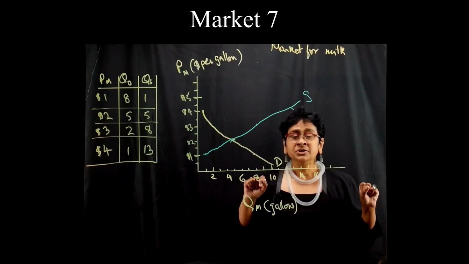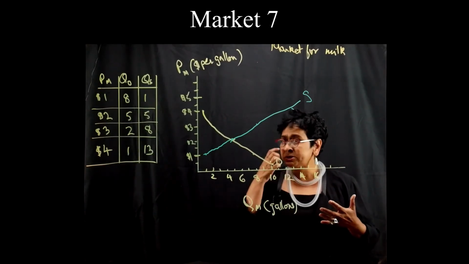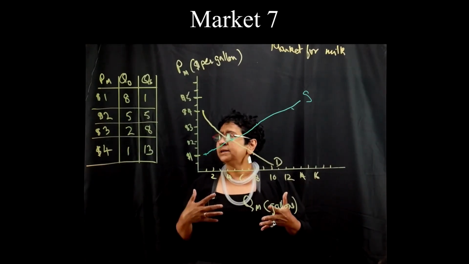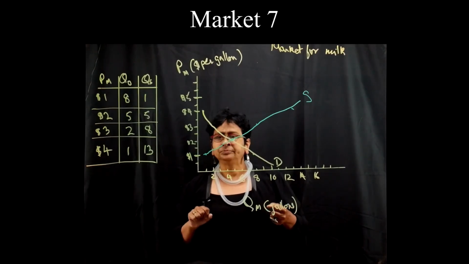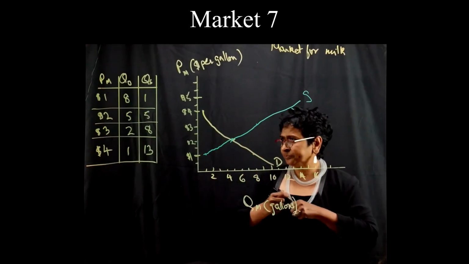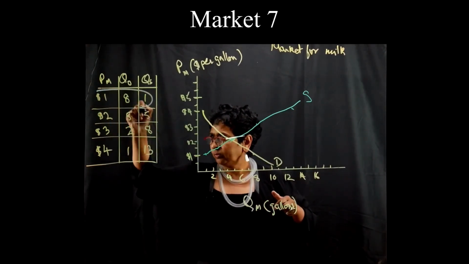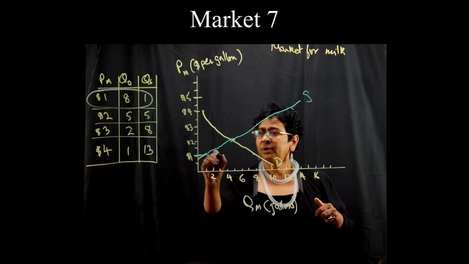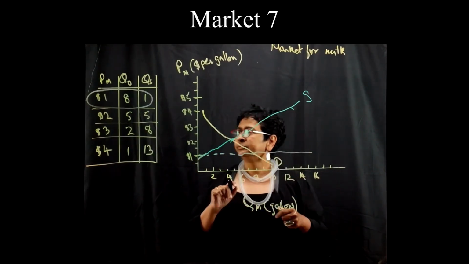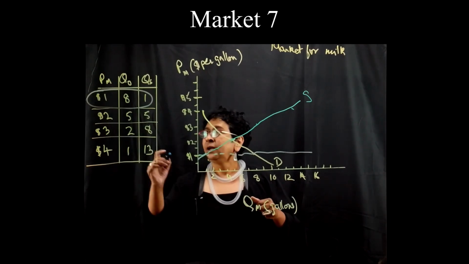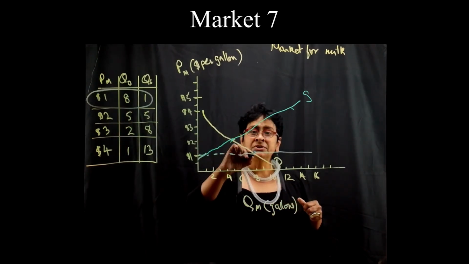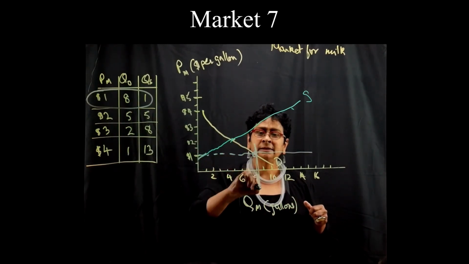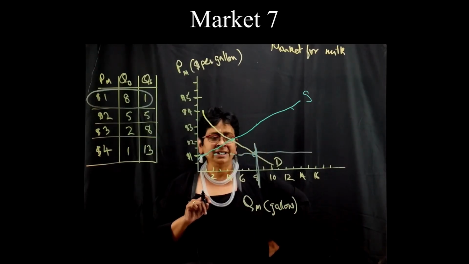The first thing we're going to do is say what happens in the market if the price was $1. At a price of $1, over here, I'm going to draw a dashed line to show that. Consumers would like to buy 8 gallons of milk.